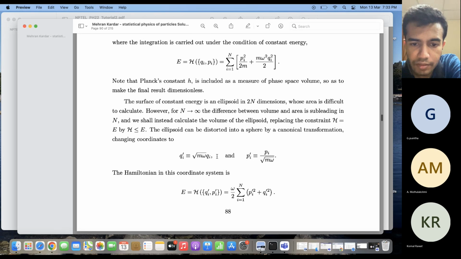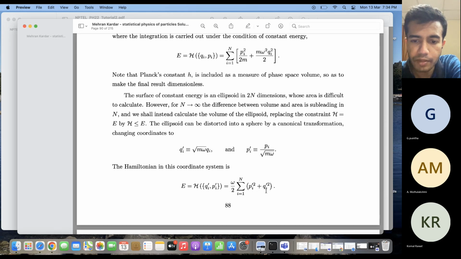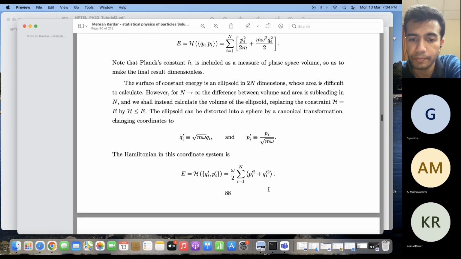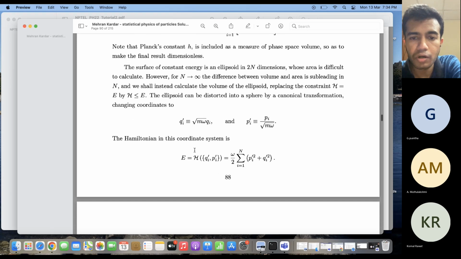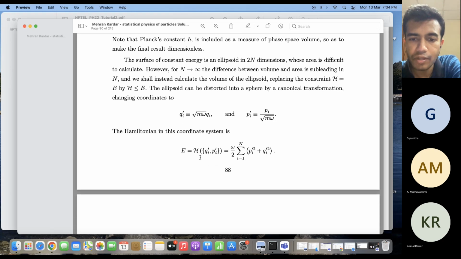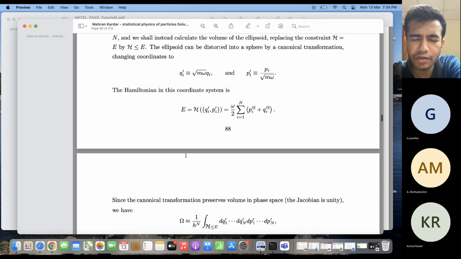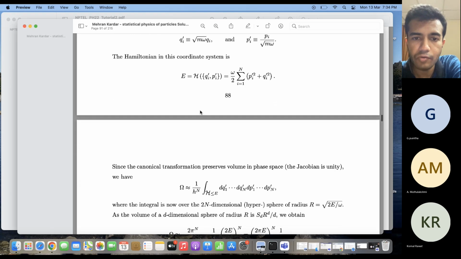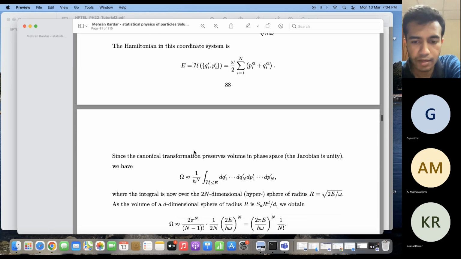If I now make this substitution into the expression of total energy, then I get E is equal to omega by 2 times the summation from i equal to 1 to n of pi dash squared plus qi dash squared. So you see, in the new coordinate system, the surface of constant energy is a sphere whose radius is equal to the square root of 2E by omega, right?